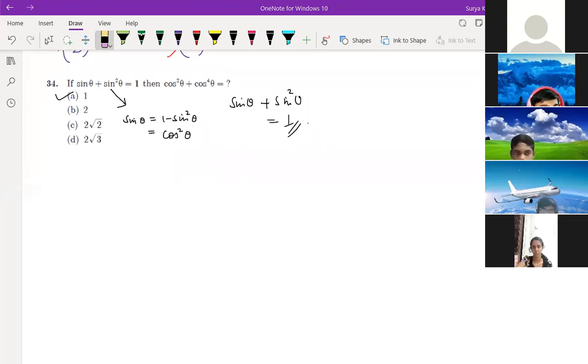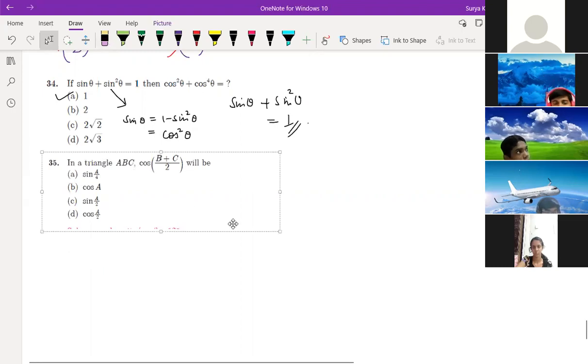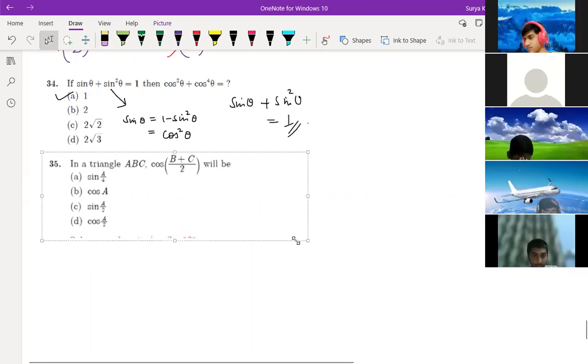Next question is question number 35. In triangle ABC, cos (B plus C) by 2 will be equal to what?